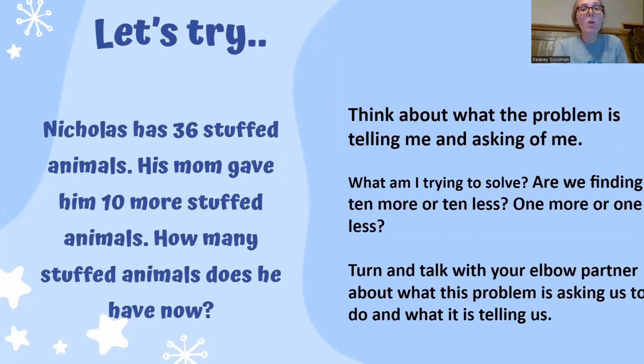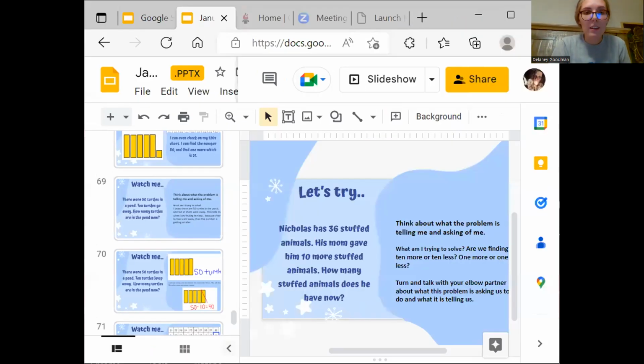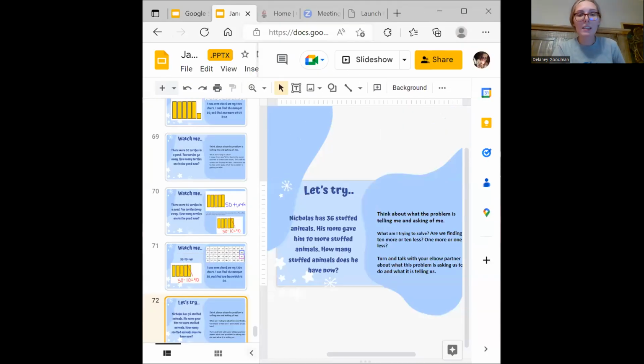So I want you to think about this with me, okay? Our problem says Nicholas has 36 stuffed animals. His mom gave him 10 more stuffed animals. How many stuffed animals does he have now?